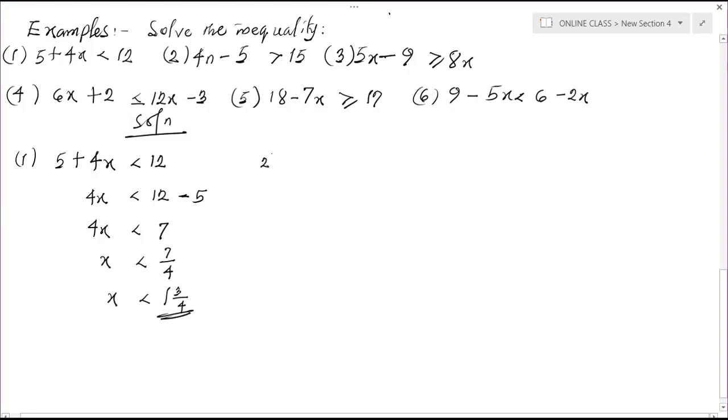Yes. Number 2, we have 4n minus 5 is greater than 15. That is 4n is greater than 15 plus 5. 4n is greater than 20. n is greater than 20 over 4.